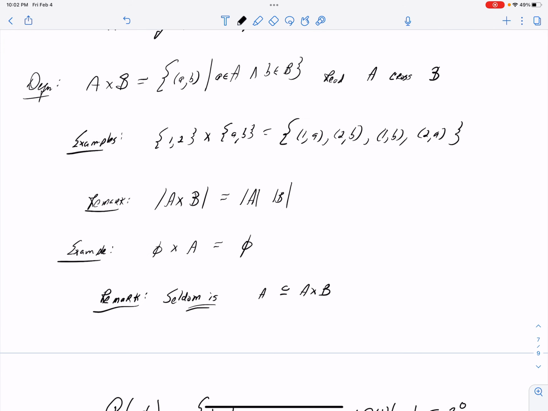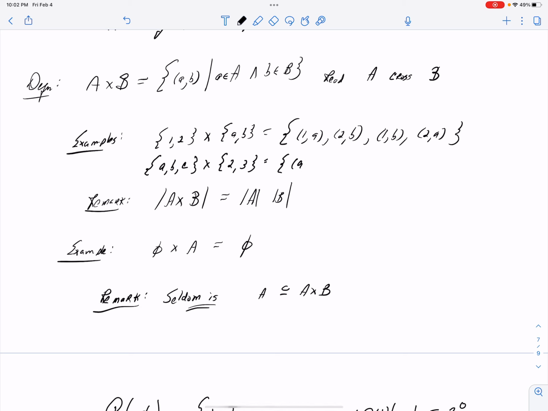Let's look at another example. If I take the set {a, b, c} and I cross the set {2, 3}, then what ordered pairs do I get?